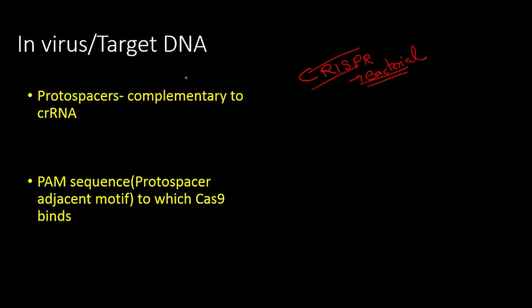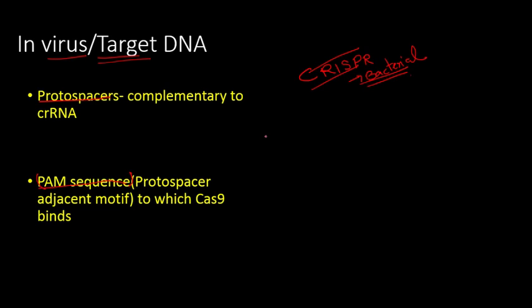Now we are coming to the genetic areas present in the virus or target DNA that are required for the system to act. The first one is the protospacer, and the second is the PAM sequence. We already mentioned the PAM sequence once, but we did not say what it was.